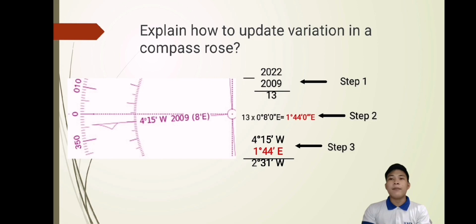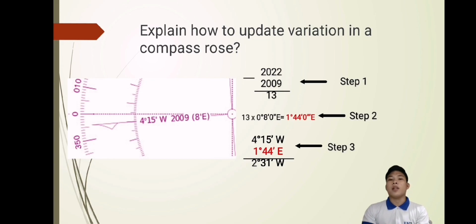For the second step, we multiply 13 years by the annual change in variation, which is 8 minutes east. So 13 times 8 equals 104 minutes, and we convert it to degrees, and therefore we have the result of 1 degree 44 minutes east.